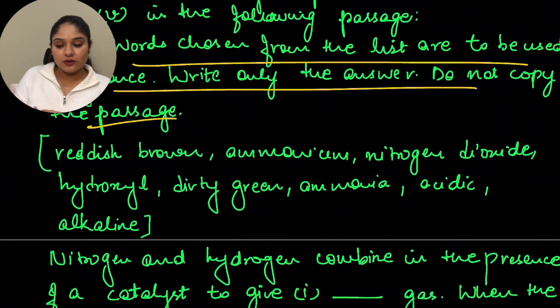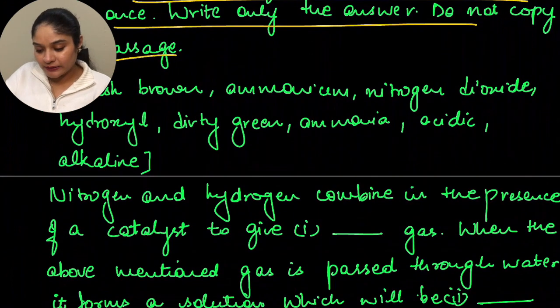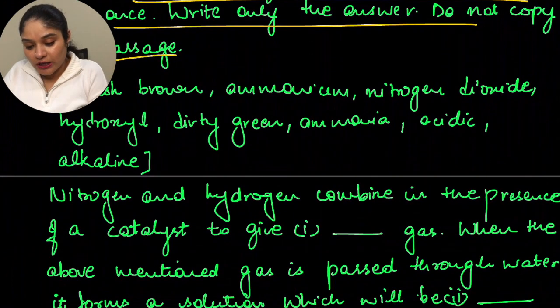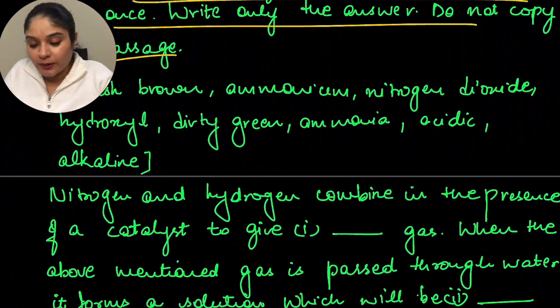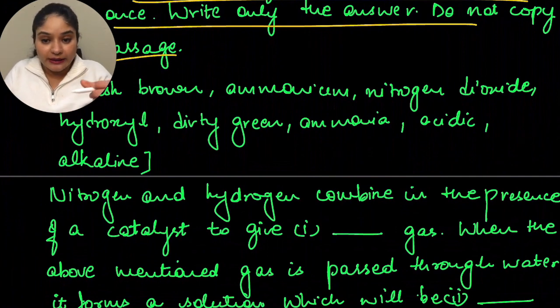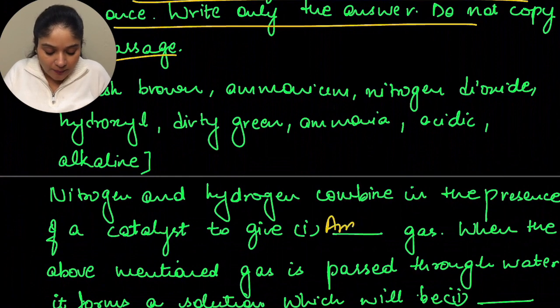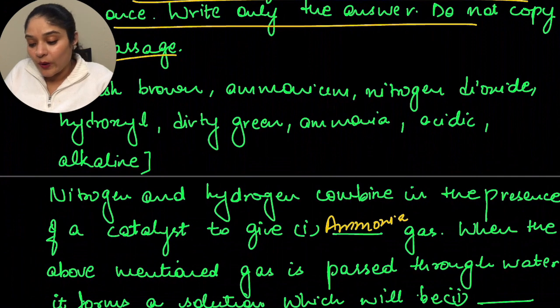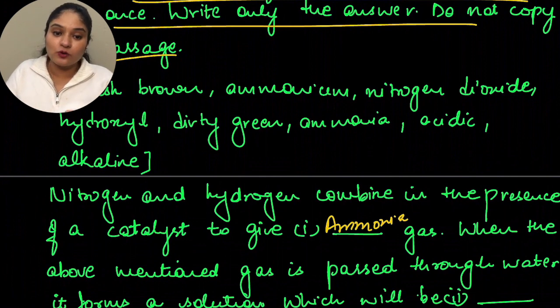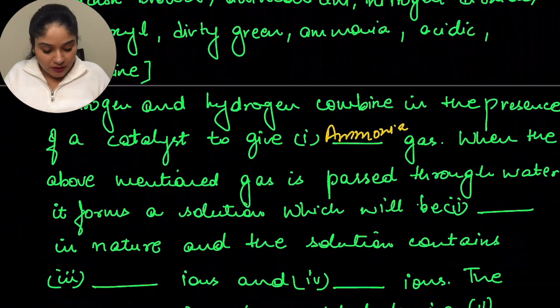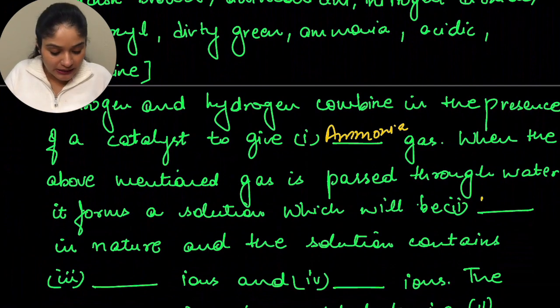So let's start with the passage. The passage says that nitrogen and hydrogen combine in the presence of a catalyst to give ammonia. Nitrogen and hydrogen are being combined, so it will give me ammonia gas. When the above mentioned gas is passed through water, it forms a solution which will be alkaline. When you mix water with ammonia gas, you get an alkaline solution.